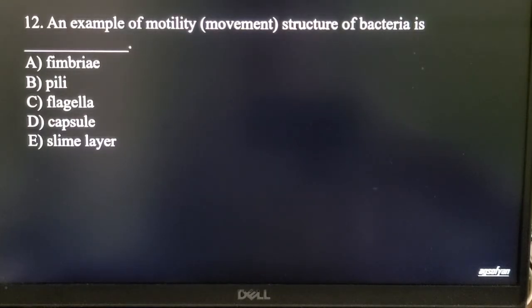Okay, number 12. An example of motility or movement structure of bacteria is: A. Fimbriae, B. Pili, C. Flagella, D. Capsule, E. Slime layer. Choose your answer.